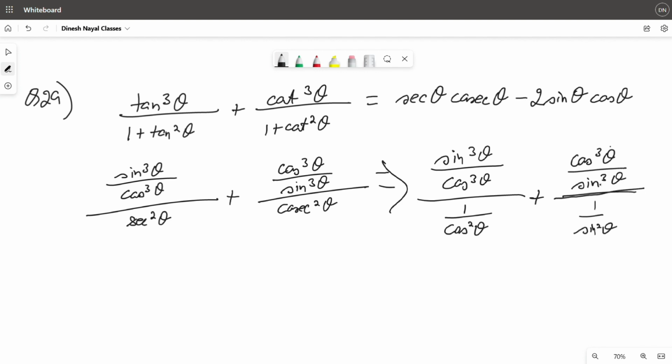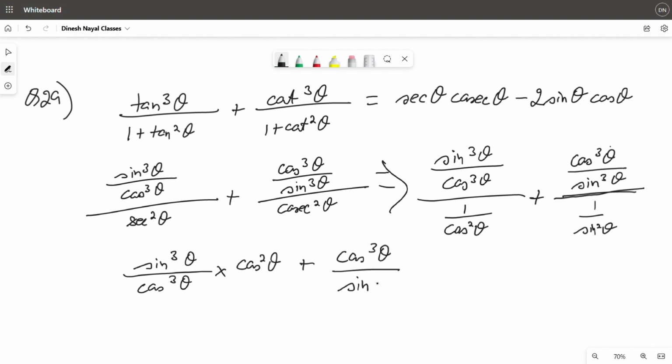Now, we know that sine cube theta by cos cube theta is divided by 1 by cos square theta, so that will be reciprocated when we multiply. So we write sine cube theta by cos cube theta into cos square theta, plus cos cube theta upon sine cube theta into sine square theta.